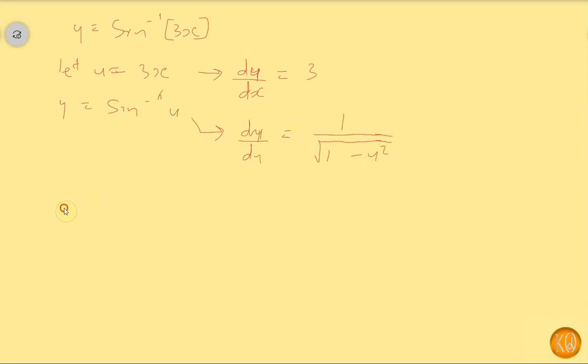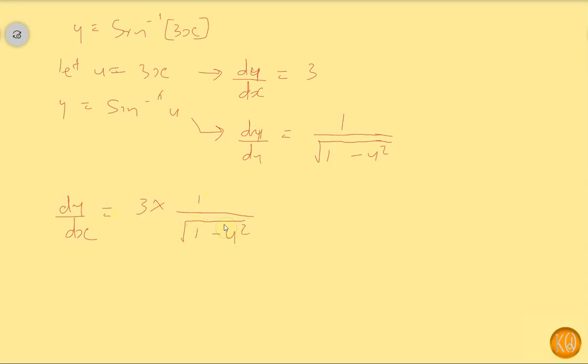Therefore dy dx should be equal to the product of du dx and dy du, so that's 3 times 1 upon the square root of 1 minus u squared.